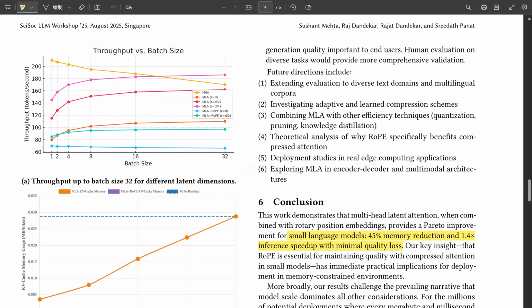The MLA+RoPE model with RD2, the one with good efficiency and low loss increase, also received the highest overall score from GPT-4, 7.4 out of 10. And interestingly, it particularly stood out in the consistency and creativity scores compared to standard MHA or MLA without RoPE.